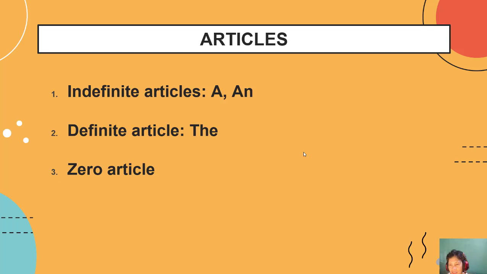When we use the, we can use singular or plural, countable or uncountable. But for zero article, commonly we use the uncountable or something that is general. Even you can use countable, but it is general.